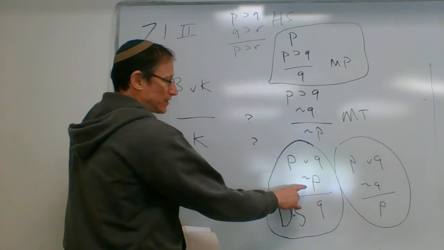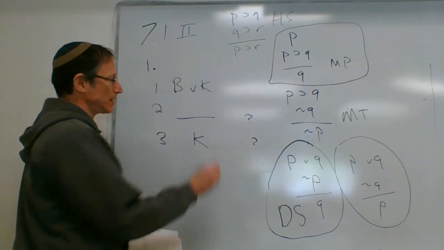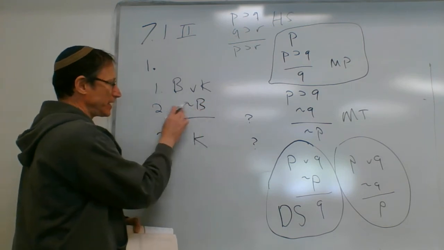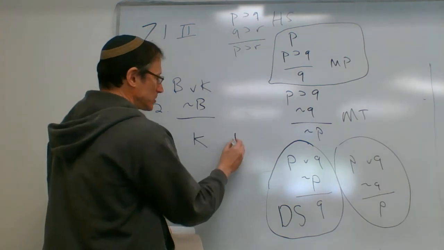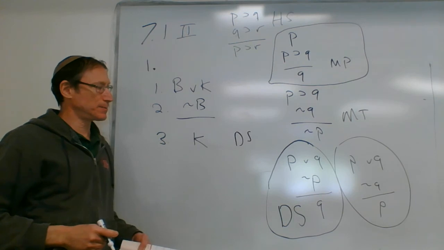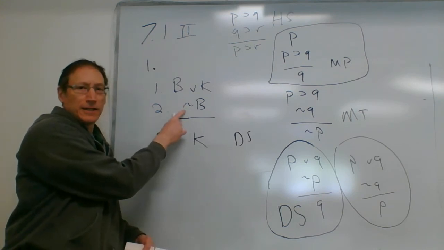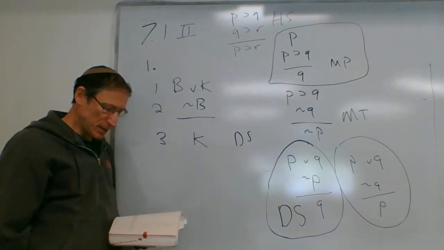Well, I would need the negation of the left-hand side, right? I would need not B. That would allow me, if I had not B, I would be able to get K by a disjunctive syllogism, obviously on 1 and 2. Those are the only 2 steps here. So the answer is, I need not B, and then I would get K by disjunctive syllogism. Okay?